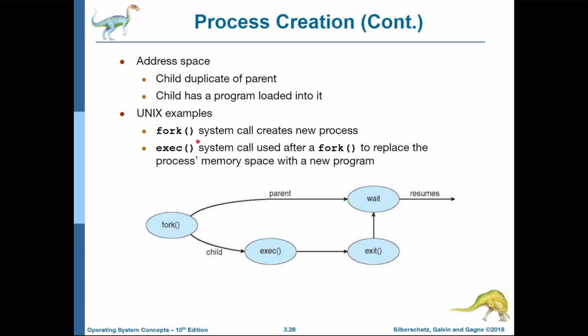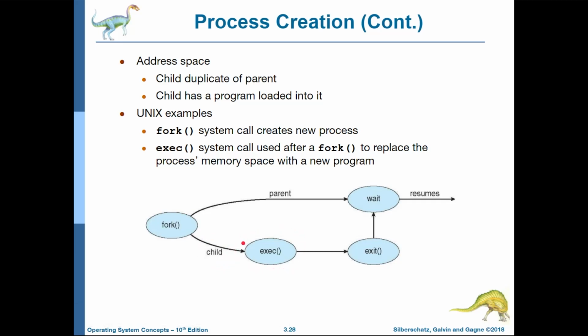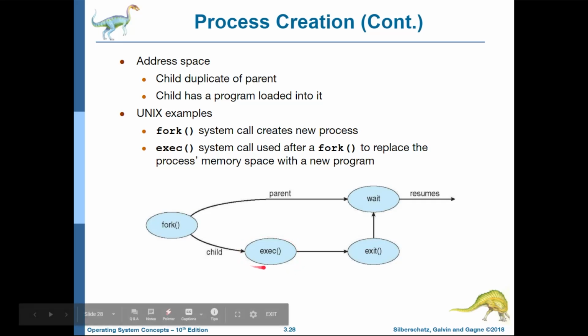Now, creating a process is all fine, but how do you get another program to run? Well, generally what happens is you first call fork, and then within the child, and you'll be able to identify the child, you call a second function called exec. This exec is actually built to load a program into memory and provide arguments to that program.